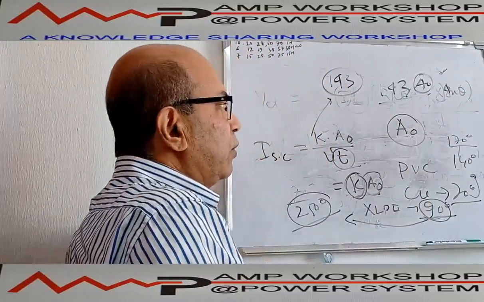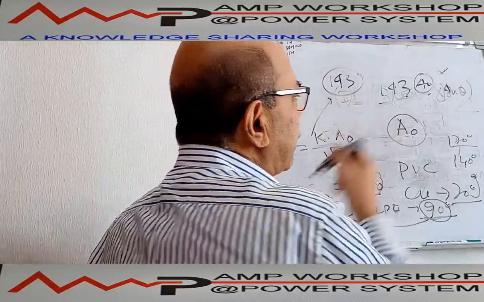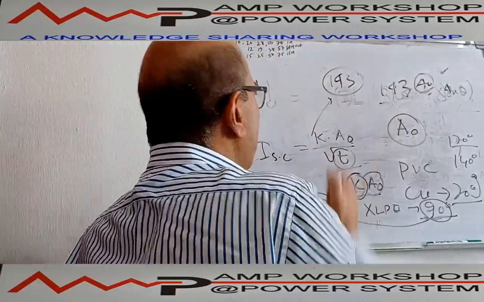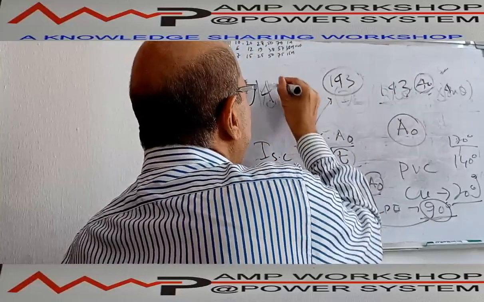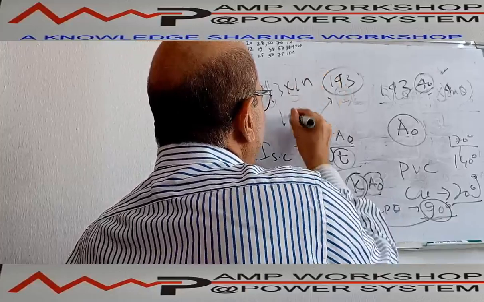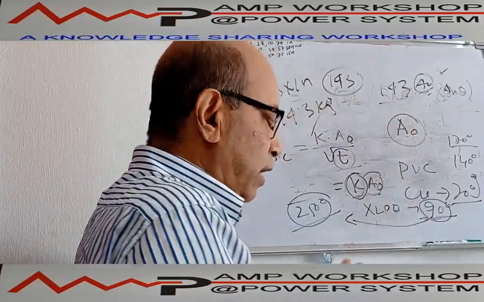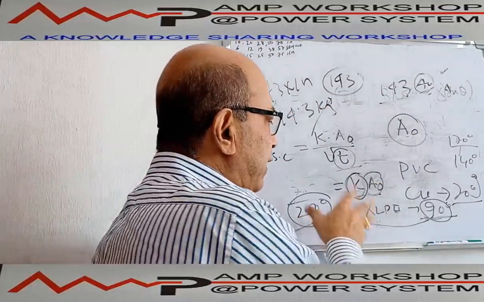Suppose it's a 100 square millimeter cable. In that case, 143 into 100 means 14.3 kiloampere will be the 1 second short circuit withstand capacity for a 100 square millimeter cable if it is XLPE cable.